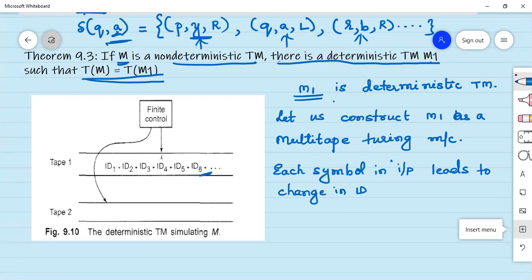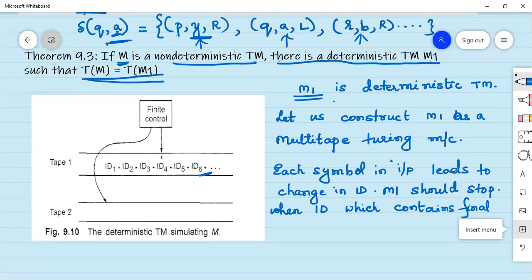Now, M1 that we are designing, because it is deterministic, should stop when some ID which contains a final state is reached. I hope this is clear for you.